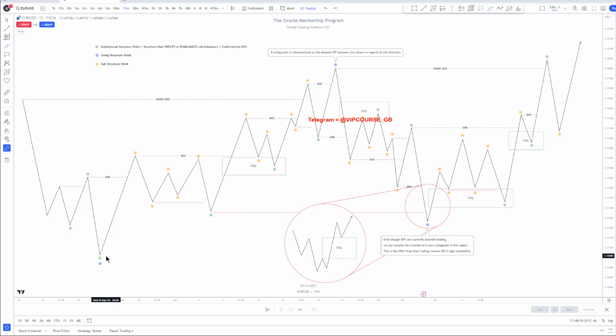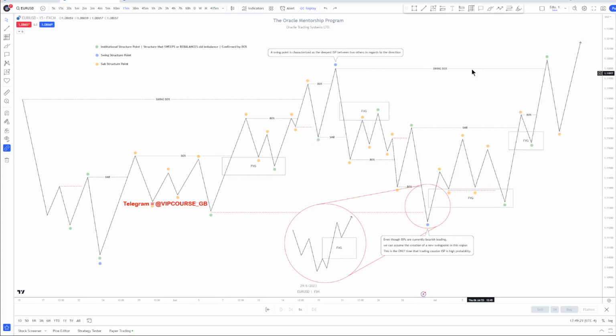It is an ISP that has a higher ISP to the left and a higher ISP to the right. A swing structure high is a swing structure point with a higher one on the left and a higher one on the right.